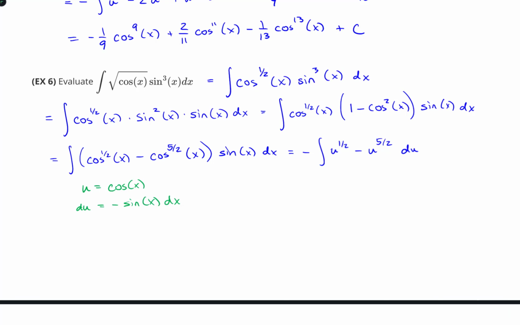And for simplification, I could actually distribute this negative and then just make this one a negative term and then this one a positive term. That's okay, I'll do that in the end. For now, let's just go ahead and integrate.